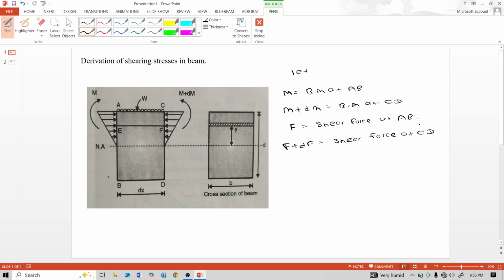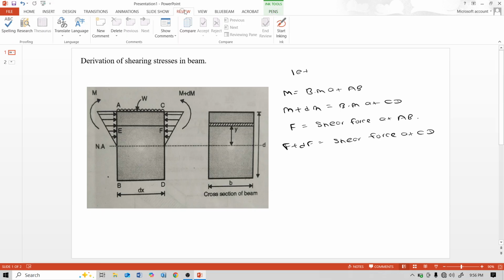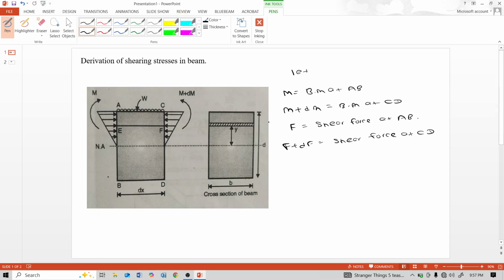Consider an elemental strip EF at a distance y from the neutral axis as shown in the figure.